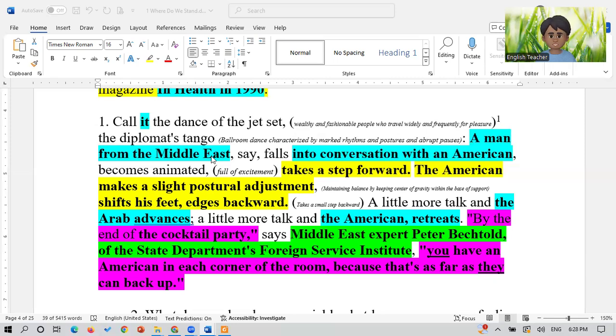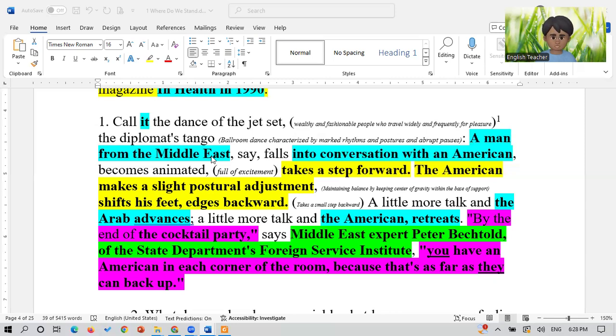He shifts his feet and moves backward to make distance between himself and the Middle Eastern. Then the Arab moves a little further, the American moves a little backward, and by the end of the party, it says that you will see that there is an American in each corner of the room. This is what the paragraph says.